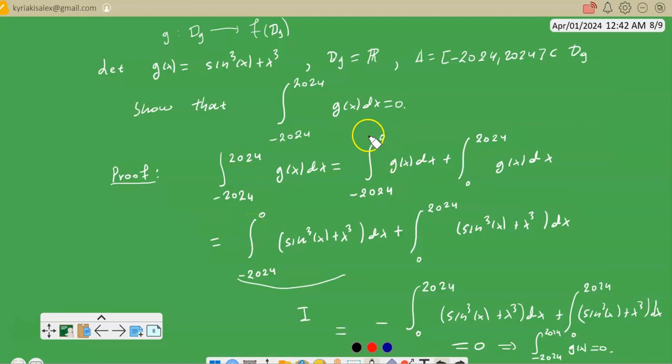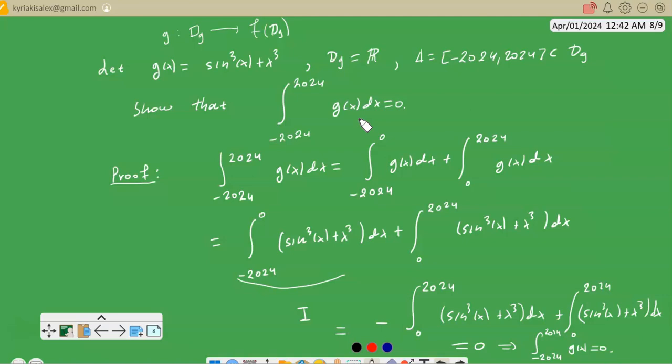This would be easier, because I could show that g is an odd function and then just change variable here without substituting these functions inside the integral. And this could be shorter. Anyway, the approach is this one.